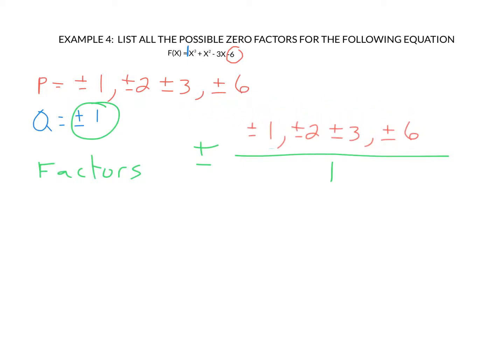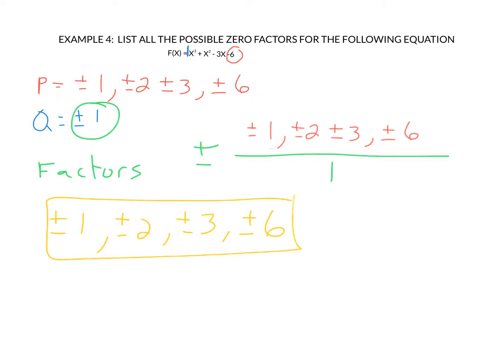Boom. All right, so let's list our possible factors. So we're going to do plus or minus 1, plus or minus 2, plus or minus 3, and plus or minus 6. And there's all your possible factors.